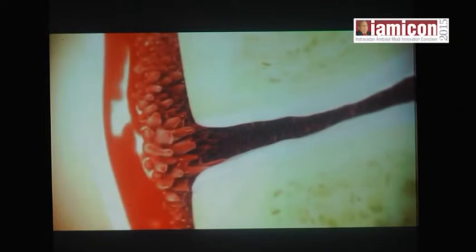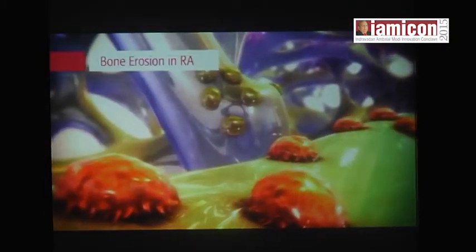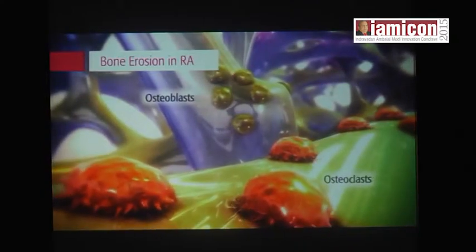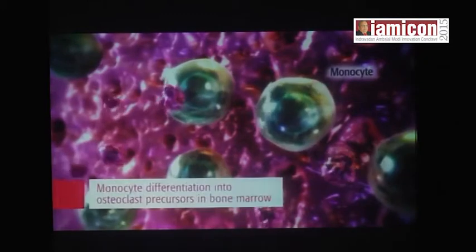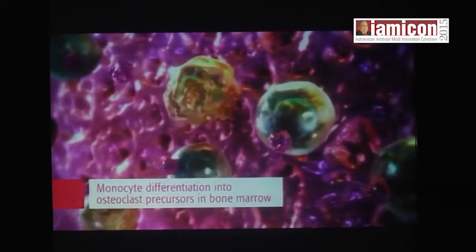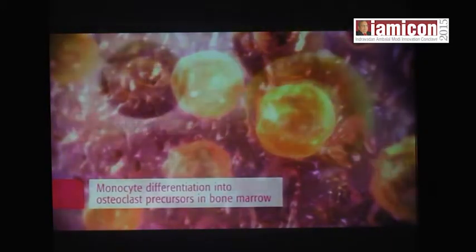Under normal conditions, bone remodeling involves a tightly regulated balance between bone resorption and bone formation. However, excessive TNF-alpha helps stimulate osteoclastogenesis and bone destruction. In the marrow, TNF-alpha helps stimulate monocyte differentiation into osteoclast precursors.